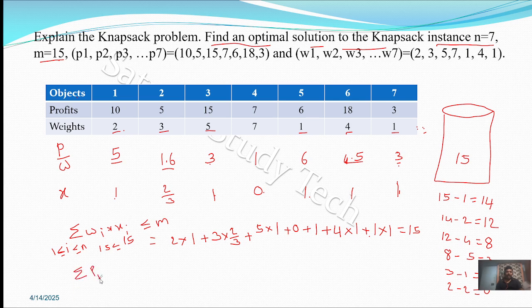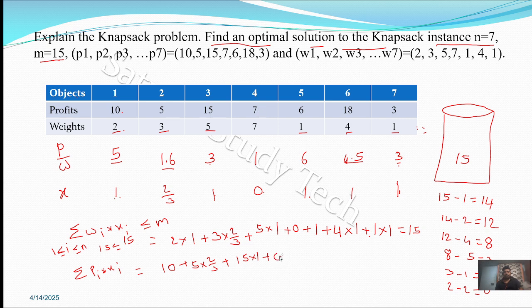So that is pi into xi. What is pi? Here it is 10 into xi value 1, 10 into 1 is 10, plus here the profit is 5, but x value is 2 by 3, so 5 into 2 by 3, plus the next one is 15 into 1, plus here the profit is 7, but x value is 0, that means you cannot consider this object, that's why you cannot get this profit.